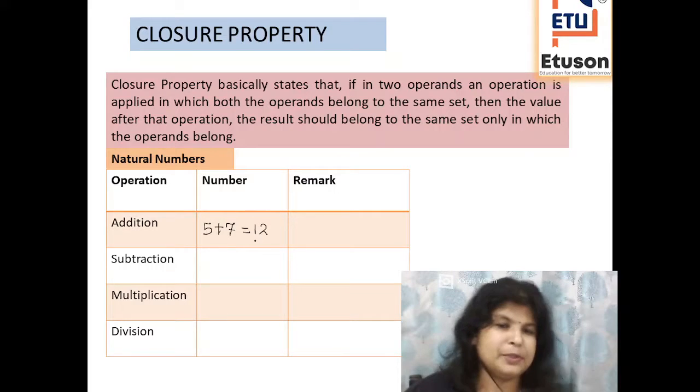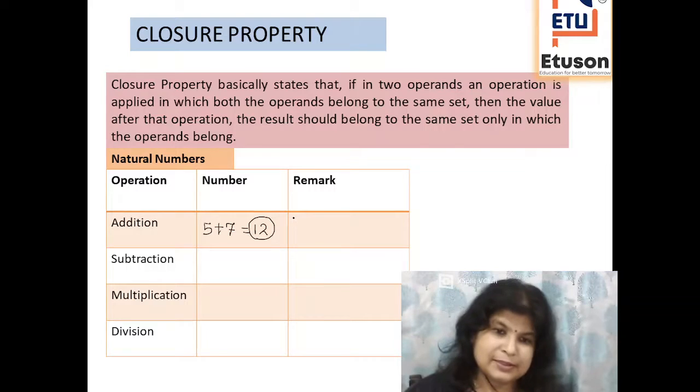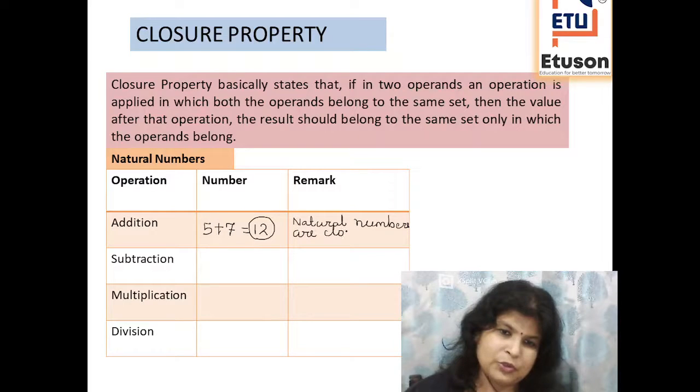What kind of number is 12? 12 is a natural number. So we can say that natural numbers are closed under addition.